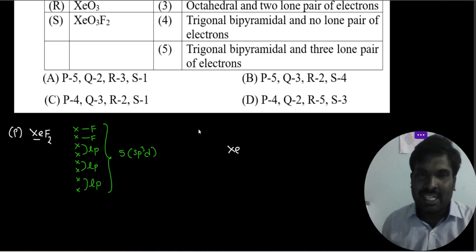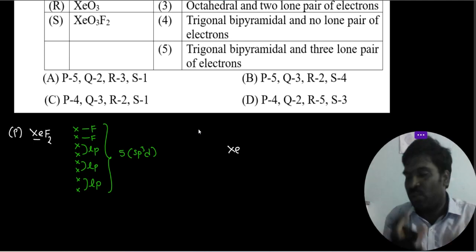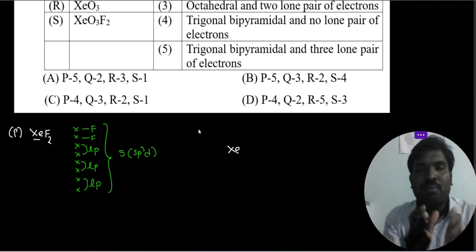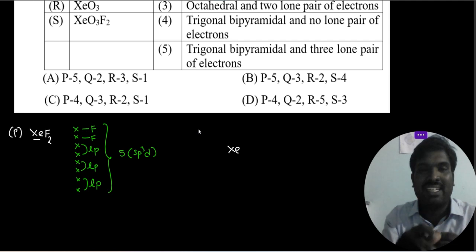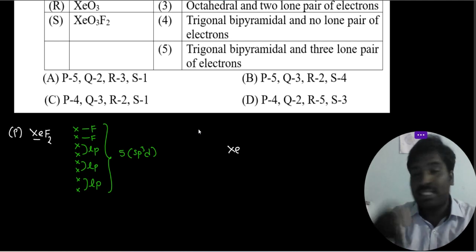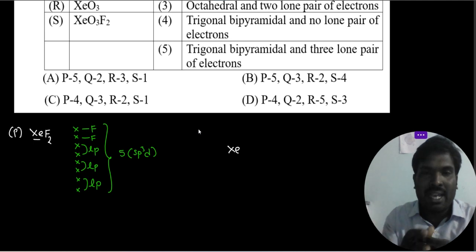Any groups at the equatorial position in trigonal bipyramidal have a 120-degree angle, while axial-equatorial is 90 degrees. 120 degrees means more bond angle as compared to 90 degrees. More bond angle means less repulsive forces, so more stability.